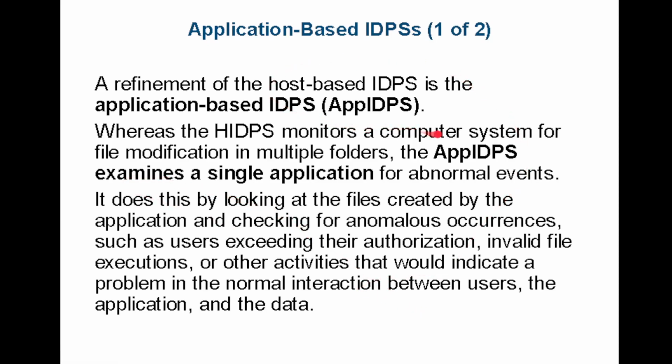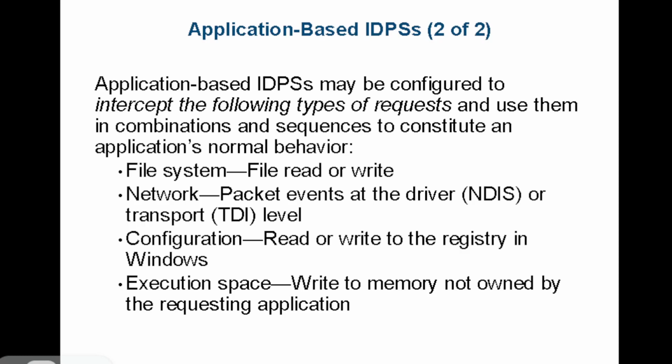Now, applications, they're watching for specific activity in an application, like bad or strange activity in the accounting software, attempts to open invalid files or execute invalid files. They can watch for this kind of activity on the specific host.